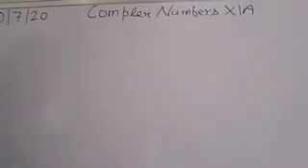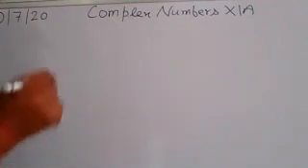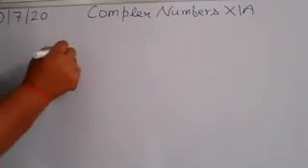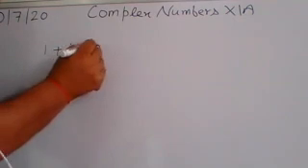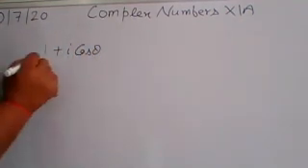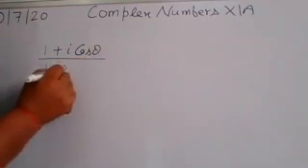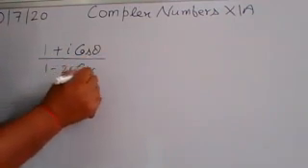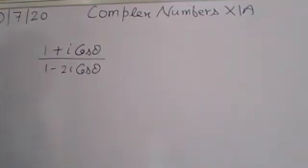Find the real values of theta for which the complex number (1 + i cos θ)/(1 − 2i cos θ) is purely real.